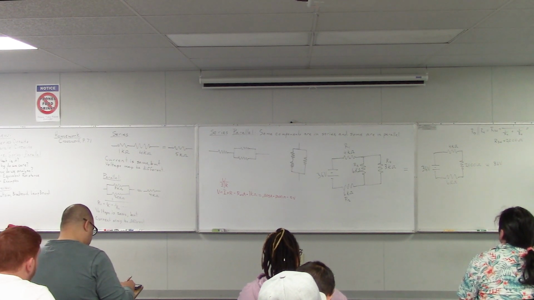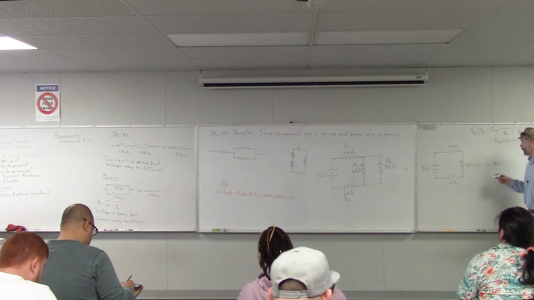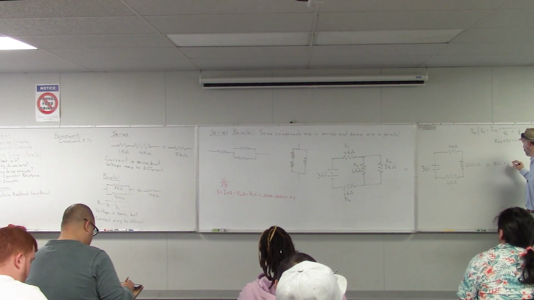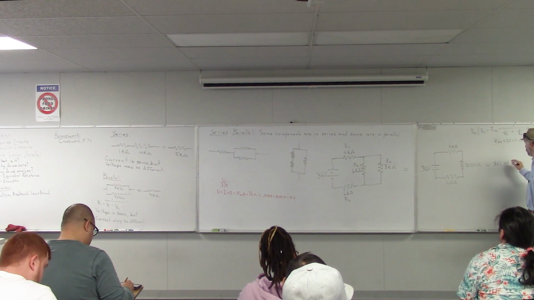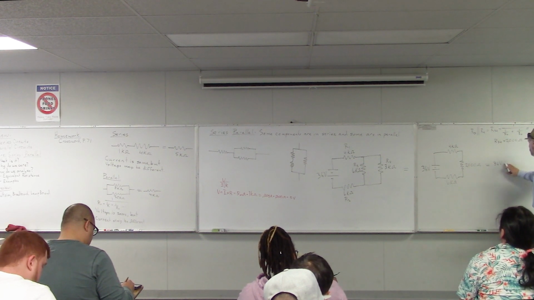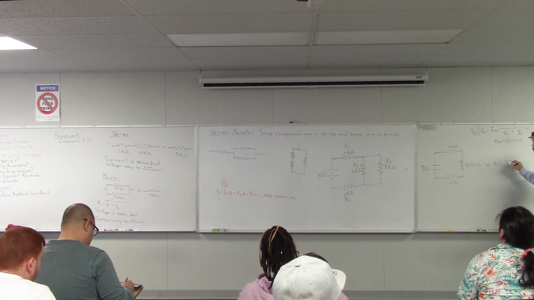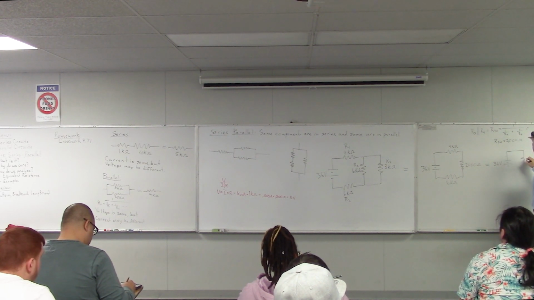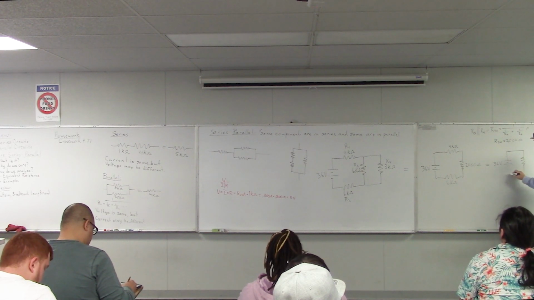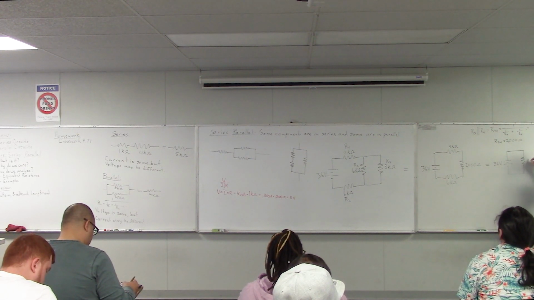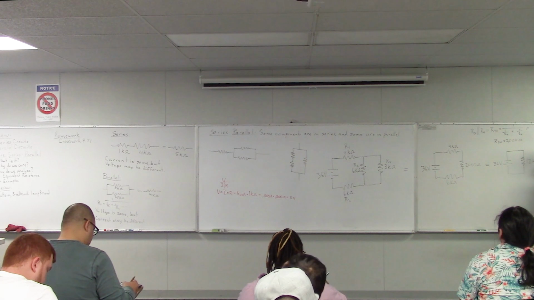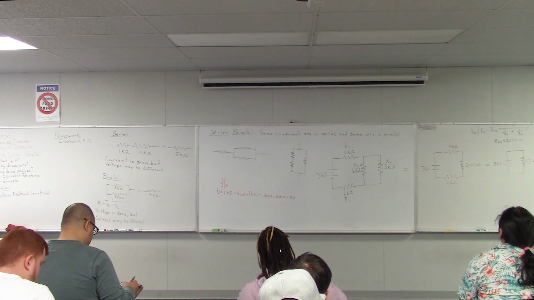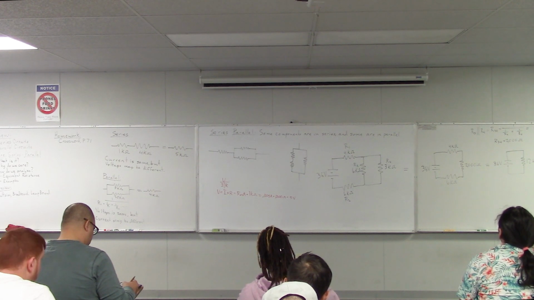Add them up, exactly. So 4 plus 2 plus 6 gives us 12 kilo ohms. That's our total resistance, 12 kilo ohms.